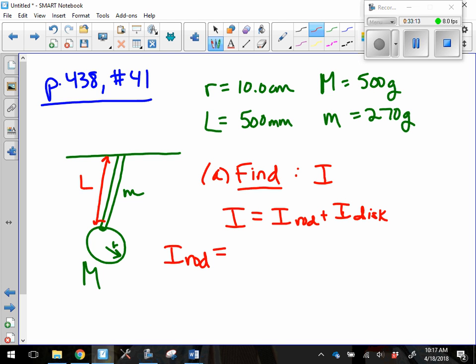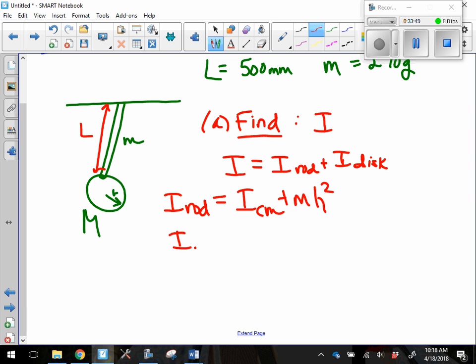Okay, so we're going to have to use the parallel axis theorem. So just so that everybody remembers, it's the rotational inertia of the rod through the center of mass plus what we have from the parallel axis theorem, which is m h squared. Casey says that I center of mass is 1/12 m L squared.